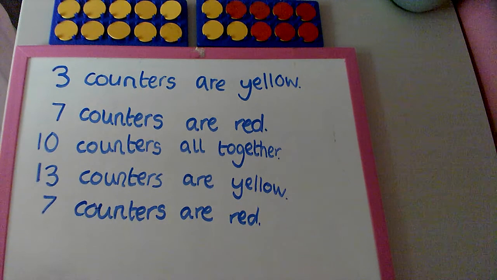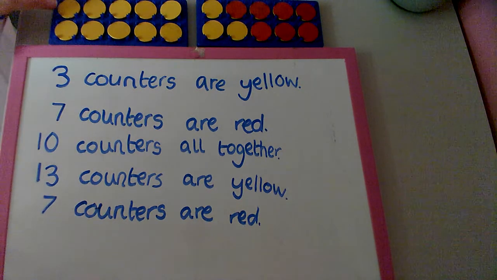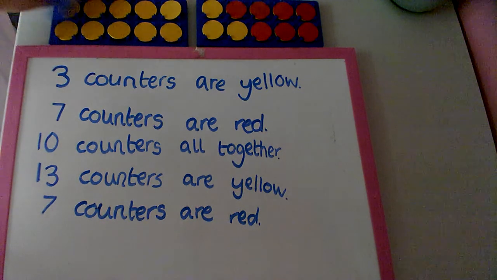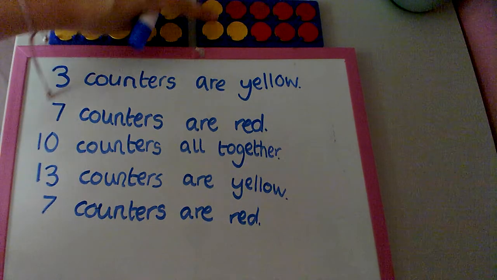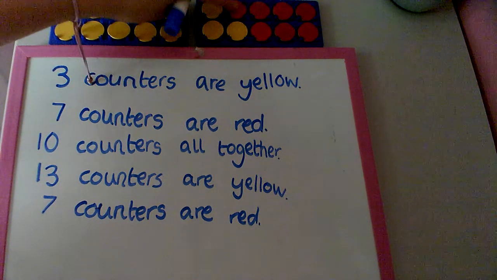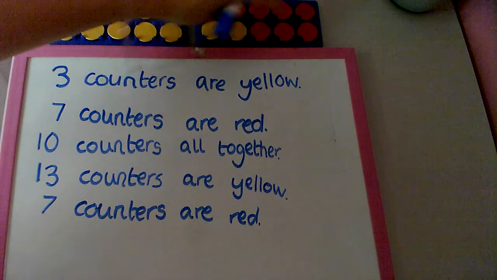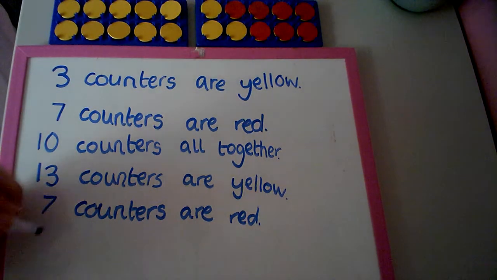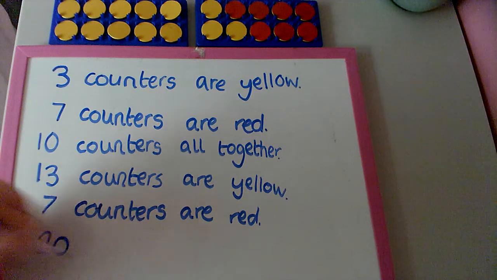How many do we have all together now? So let's check. Remember, there's already 10 here, so we can just count on. So we have 10, 11, 12, 13, 14, 15, 16, 17, 18, 19, 20. We have 20 counters all together now.